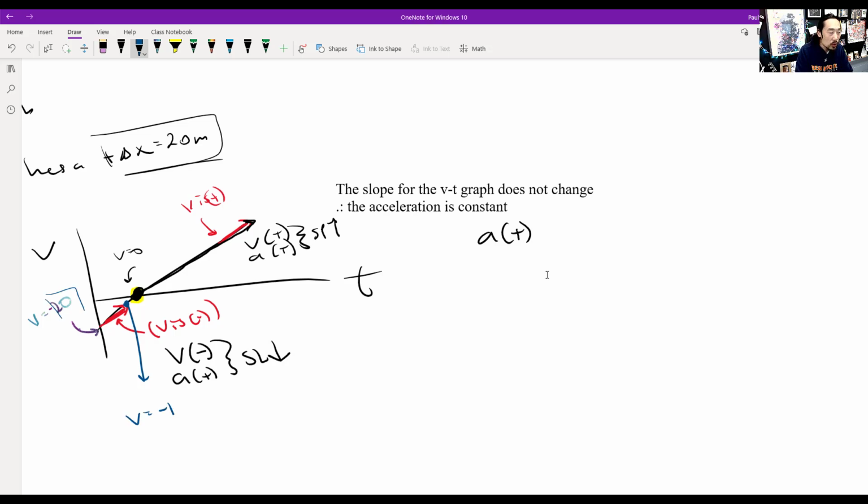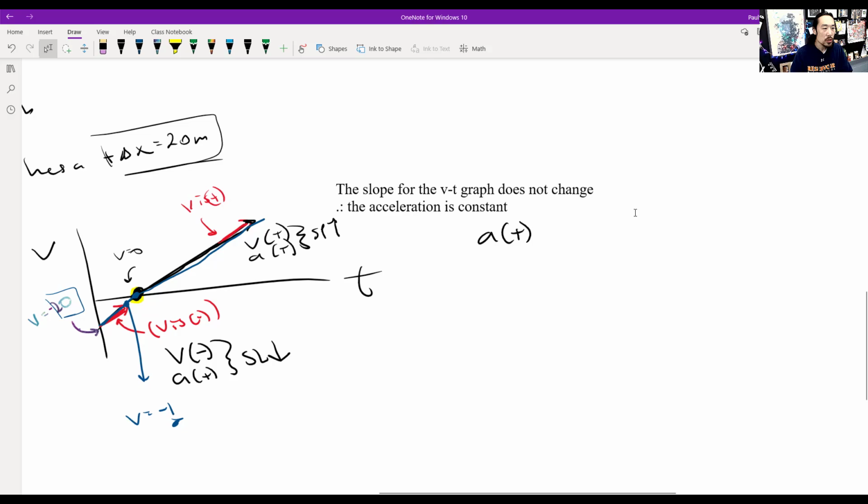Even though -20 is a very big negative number, they're still going pretty fast. They are going a lot faster than this -1. That negative simply means that they're going in the negative direction. And so they're going pretty fast, and they slow down, slow down, slow down until they come to rest and they speed up again.